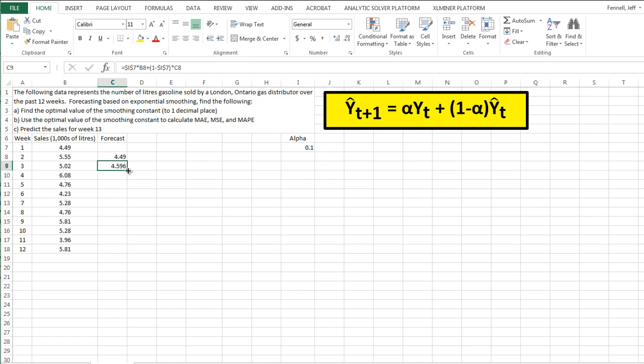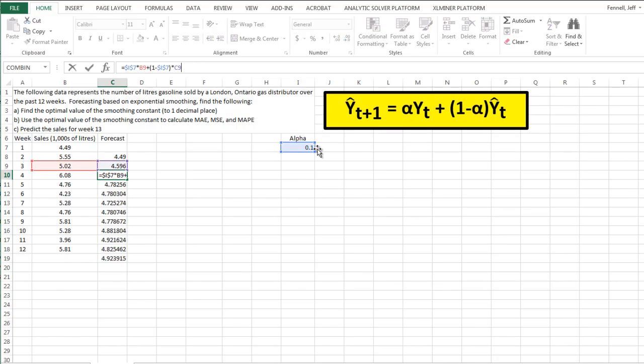Similarly, because we absolute referenced our two alpha values, as we copy and paste that down, and I'm going to copy and paste it all the way down to week 13 because we will have to make a prediction for that in a minute, I notice that for week 4, if I highlight on that, again, all the alphas were referenced back to the cell with alpha.